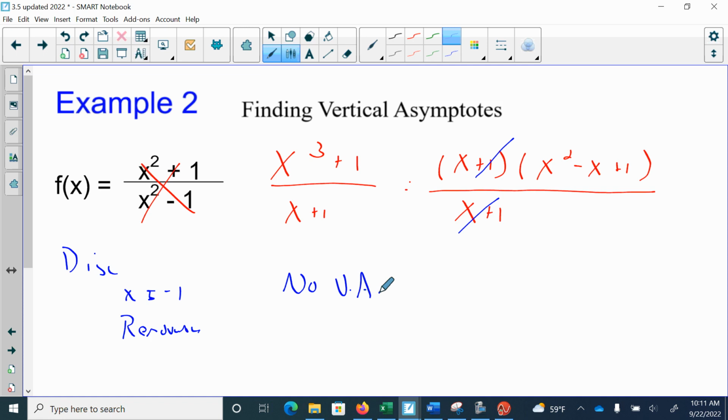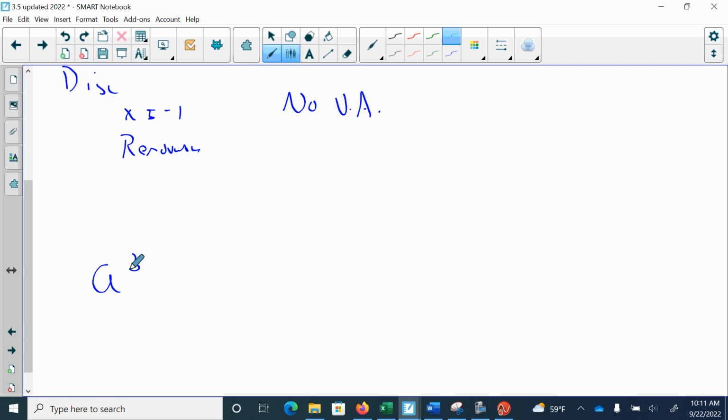How do we know? How do we know what? Oh, I thought it was since it's perfect. What is it called? Addition. This is the sum of two perfect cubes. That factors as a plus b times a squared minus ab plus b squared.